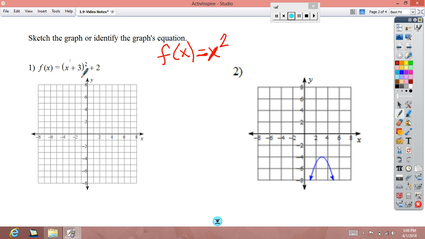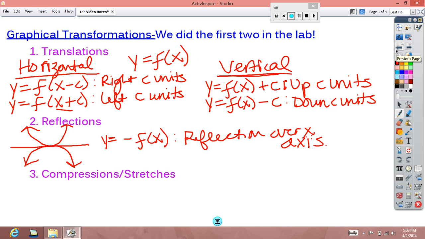The difference here is this plus 3 and this plus 2. That's what's changed. How is that going to change the graph? Well, one is inside with the function, and one is outside. If we look back at these rules, the ones inside caused a horizontal change, the ones outside caused a vertical change.